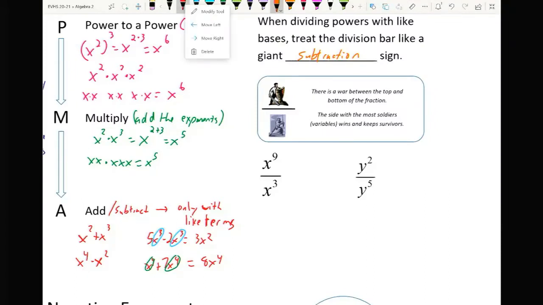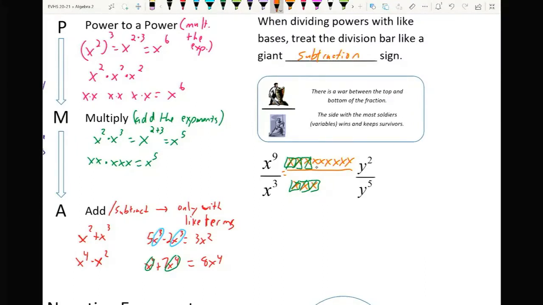Okay, so here's what's going on with these. I'm going to write it out all the way. So x to the ninth, we got 9 x's on top: 1, 2, 3, 4, 5, 6, 7, 8, and 9. All of that over x cubed: 1, 2, 3. So what's going to happen is I've got an x on both top and bottom, and so those are going to end up dividing out.